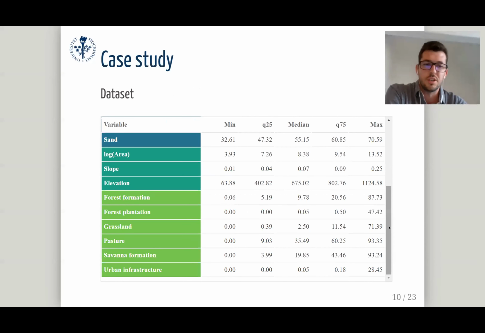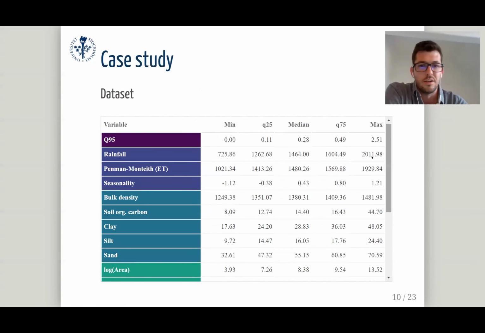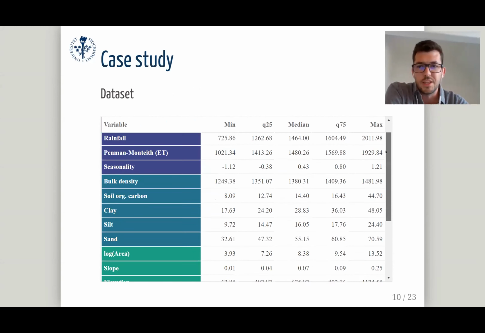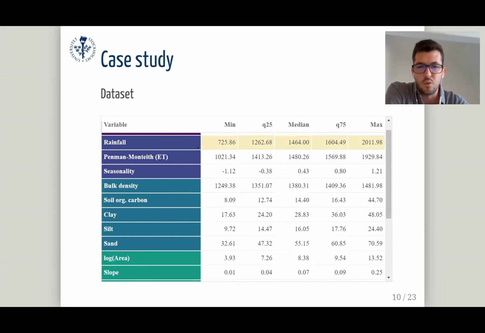So here is just the data set, the range of values for each of the variables. Q95 is our target variable, and then we have the average annual rainfall for the catchments, average minimum evapotranspiration, and a seasonality index, which tells you whether the evapotranspiration and rainfall peak in the same period or in opposite seasons.